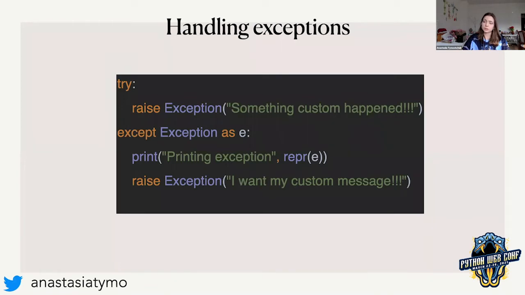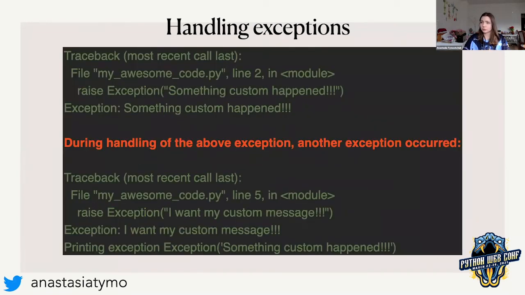In the end, as a result, we would get something like this: "During handling of the above exception, another exception occurred." It's not quite pretty, and that's not what we would like to have, because then we're lost as to which exception actually happened first. And I don't recommend raising any exception while trying to handle one.